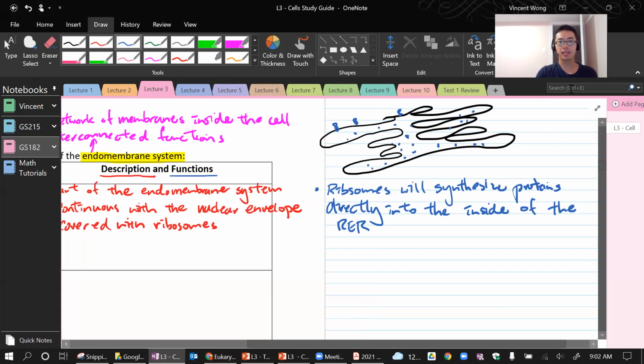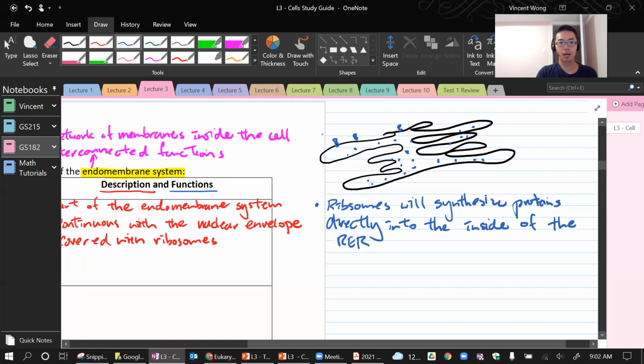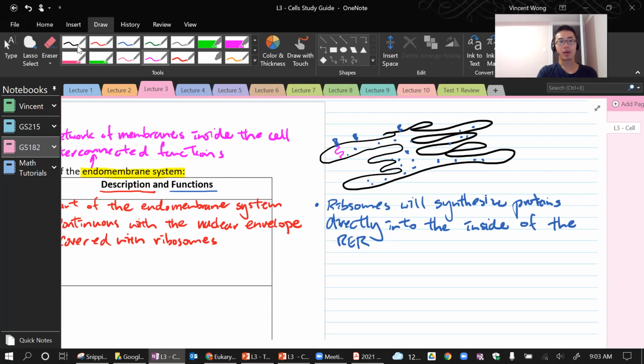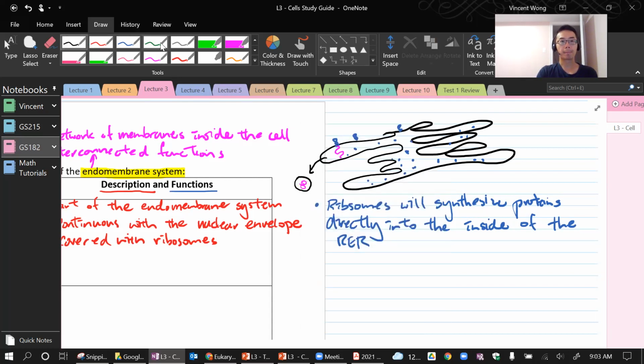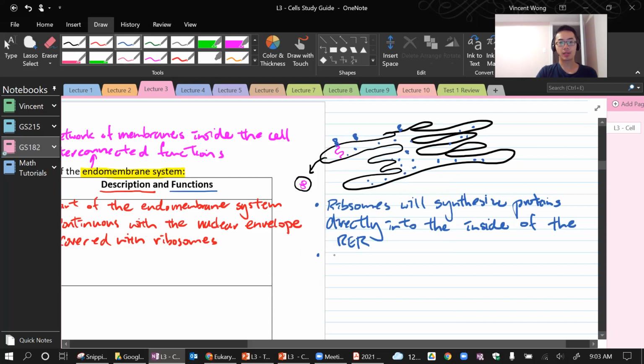The ribosomes will now produce a protein directly into the inside of the endoplasmic reticulum. The protein, as you know from last class, will fold up into a 3D shape, and when it's all ready, it will move to the edge and pinch off in a little vesicle. So now the protein is inside like that.